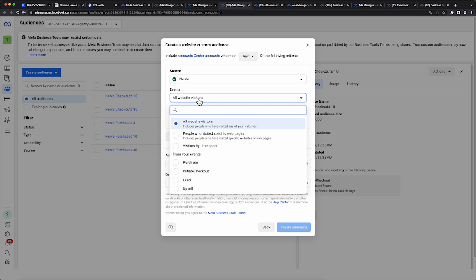Because what you can do with Tag Manager, there's a few things, but one of the things you can do is set an event to fire based off of time spent on page. Bearing in mind, most of the VSLs that we push are 45 minutes to an hour long, right?